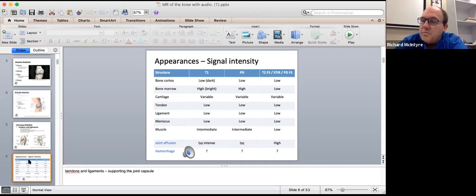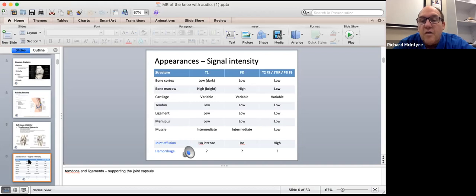Some research material says 4, some says 3, but it depends on the references, and it depends on the exact terminology that you use to describe cartilage. But in this case, it's variable. So the different layers of cartilage have different appearances.